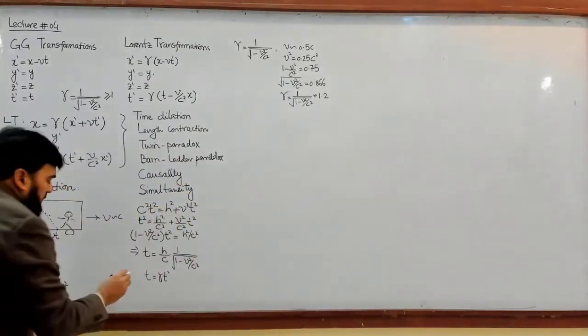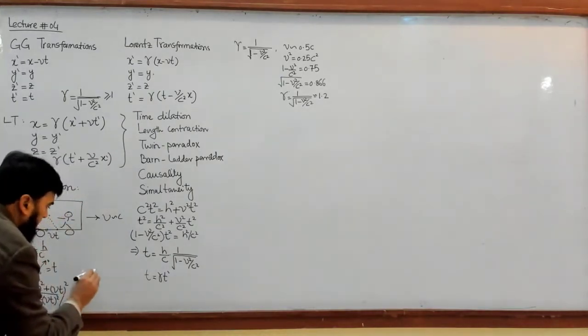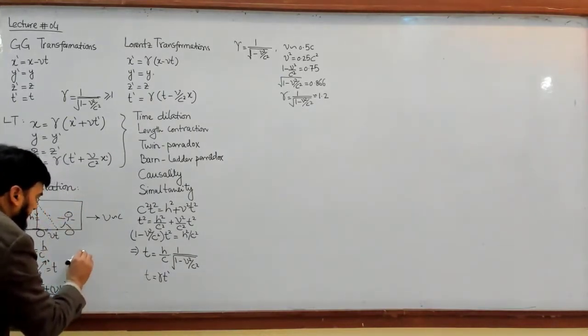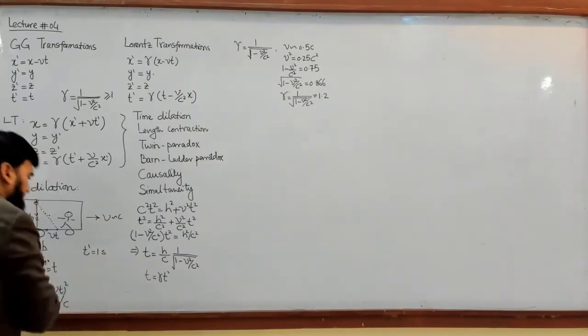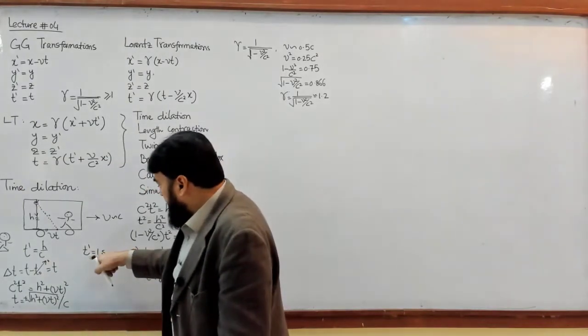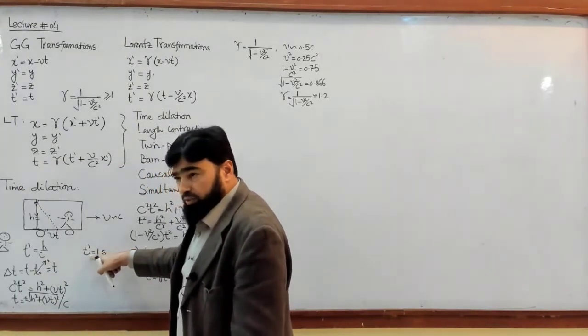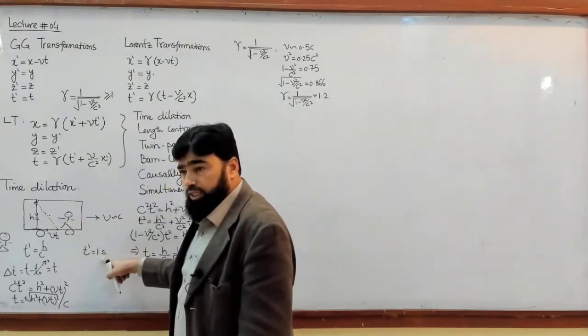Now look back to your equation. t is equal to gamma t prime. Now if t prime is equal to 1 second, let's say the moving frame says that the time the light took from there to there is 1 second.